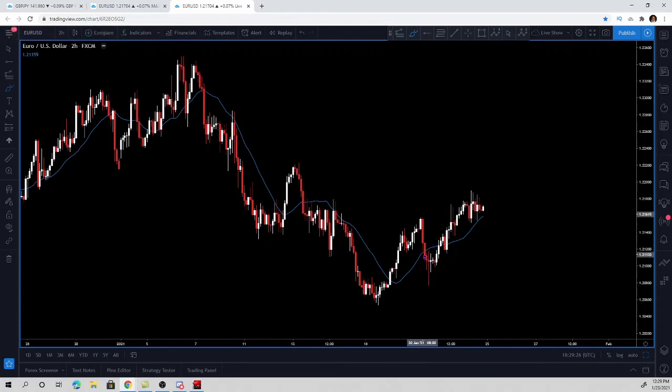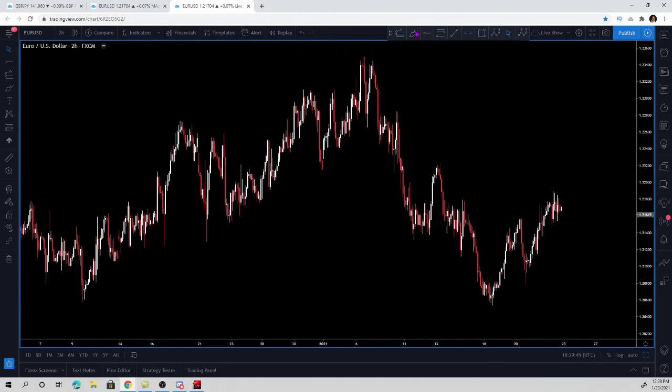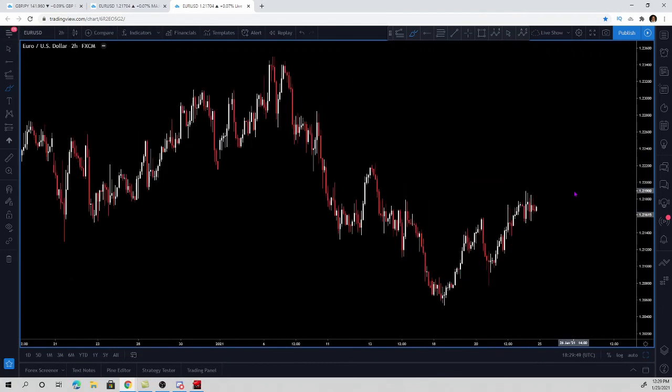If you want to take a short opportunity with the 21 simple moving average, you are going to have to wait for this. And at this moment in time is where we got that pullback. So signals with indicators are not reliable. Learn how to read price action and utilize that information in the future to make the best trading decisions.